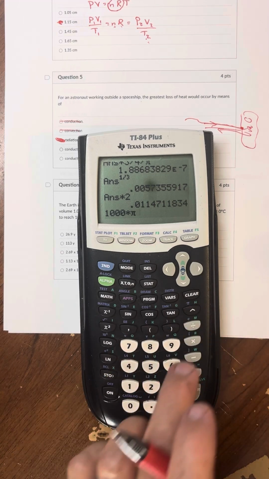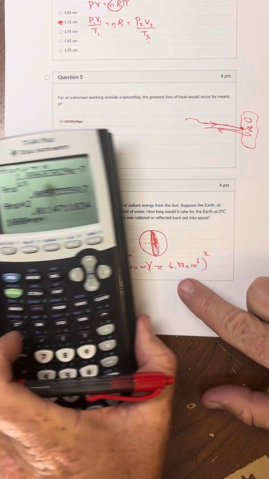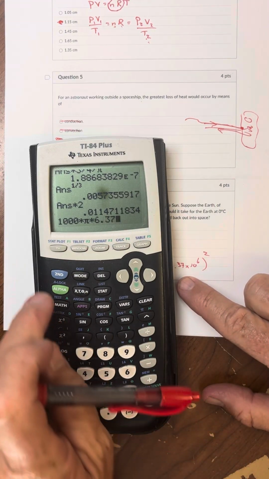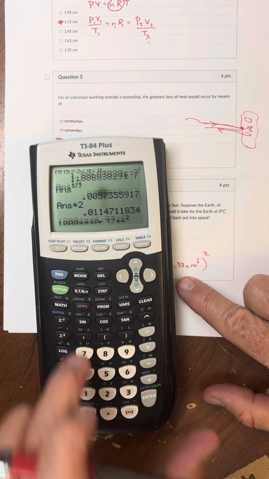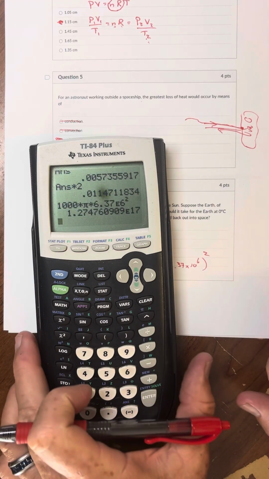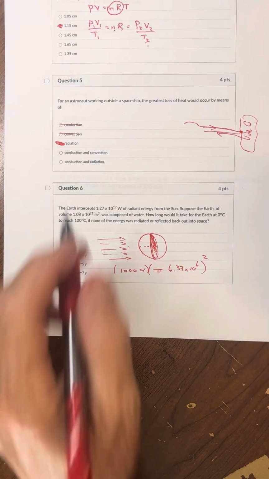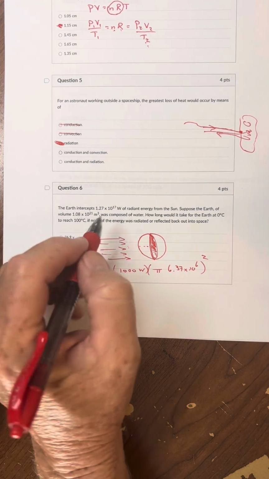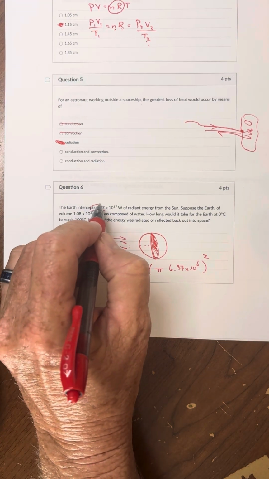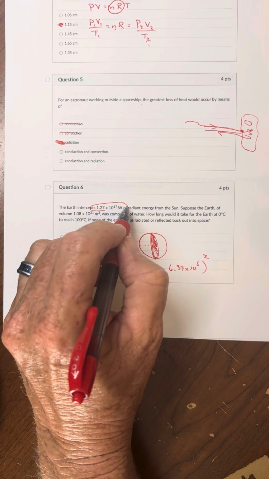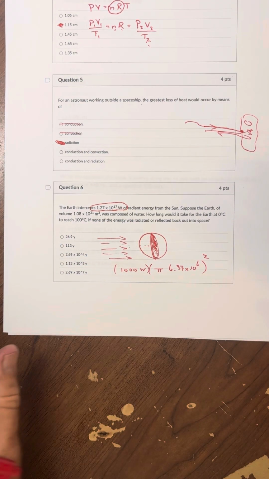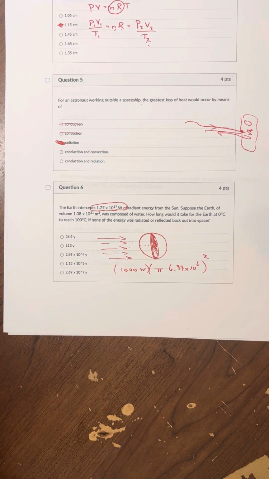That just seems like a really big number, but at the same time, the Earth is a big place. 1.27 times 10 to the 17. Okay, so a lot of energy. Solar power has a lot of potential, and that's a lot of power coming from the sun.